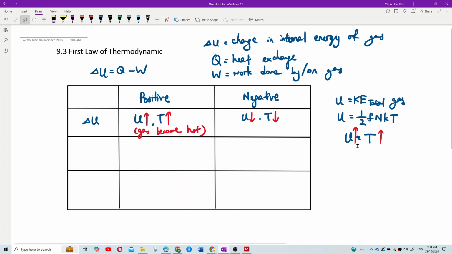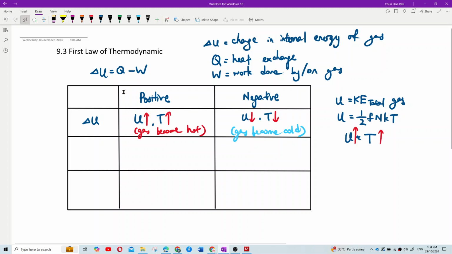When temperature increases, internal energy increases, so when it decreases, both decrease. So the gas becomes cold when delta U is negative.